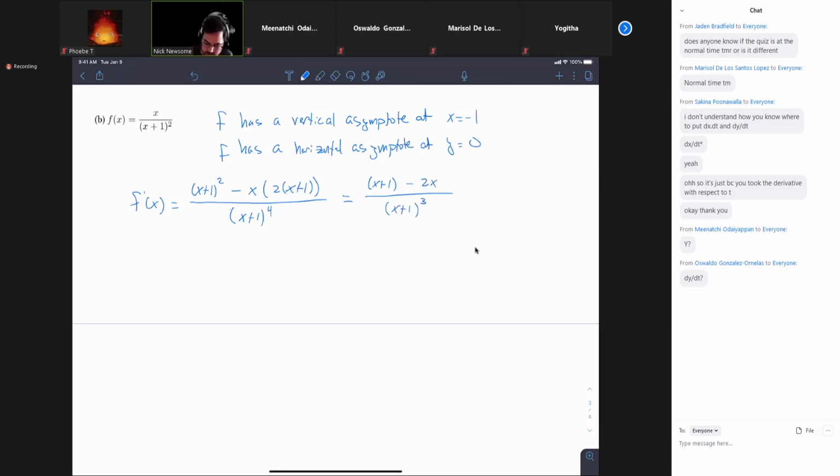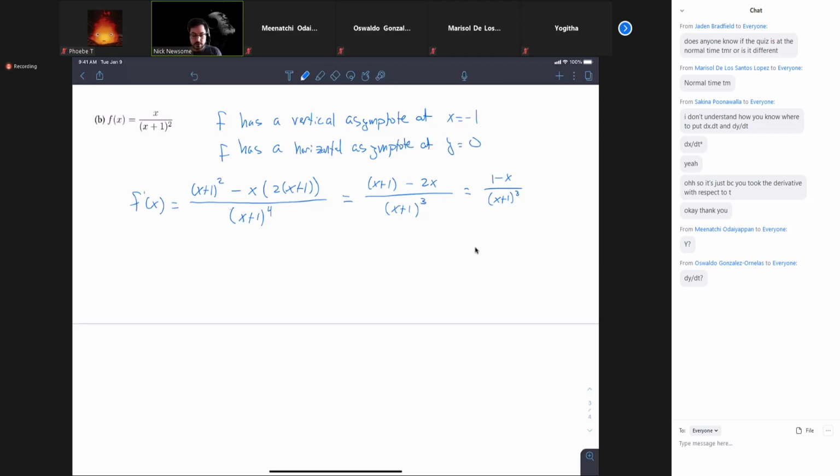And then combine like terms in the numerator. Get 1 minus x over x plus 1 cubed. All right. So now we've taken a derivative.